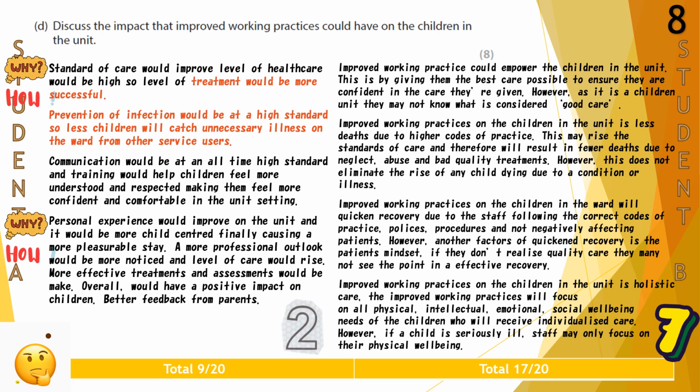And overall, you can see the difference, 9 out of 20, 17 out of 20. So with that previous section of 10 and 15, we're looking at 19 out of 40 for the second half, and 32 out of 40. So that's where this big divide between the merit and distinction started to take place.